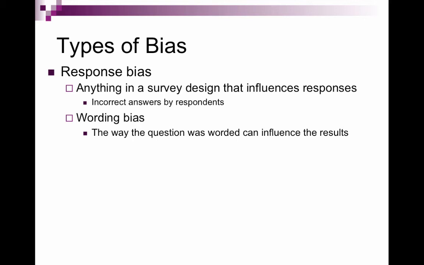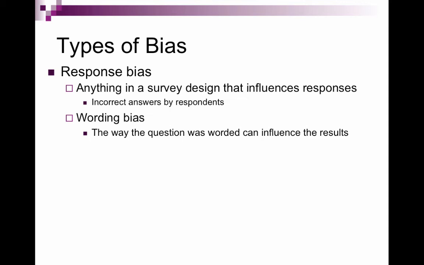And you were to walk up to them and ask them, did you cheat on your last math test? They're most likely to say no to you. If it were an anonymous survey where they can write in their answer and they don't have a name to it, you're probably more likely to get an honest response that way. So that's a design flaw that leads to response bias.